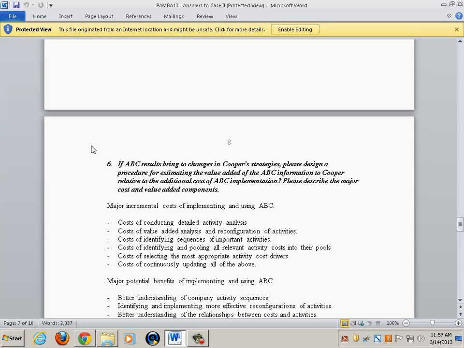The answer is, I heard the word free, in terms of improving decisions, at its cost. In other words, it can be quite costly in terms of implementing the system.